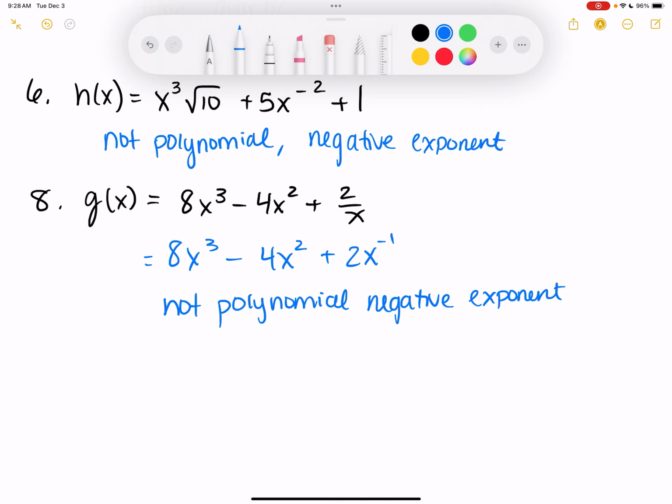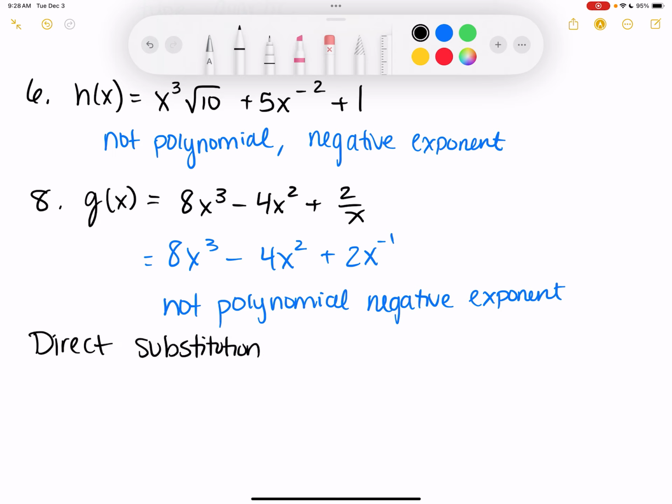All right. The next thing we're doing is solving by direct substitution, and then we'll move into synthetic substitution. So direct substitution, you've done this since Algebra 1. You just take a number, plug it in for x, boom, get an answer. So I'm going to make a note here. This is direct substitution.